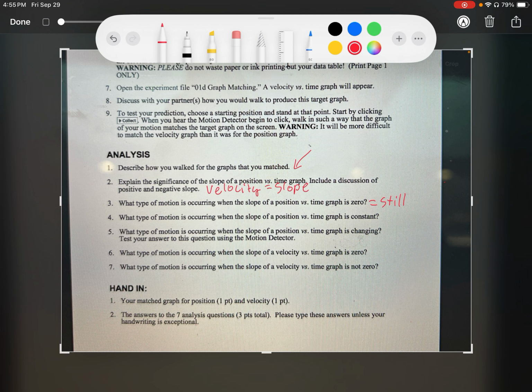What kind of motion is occurring when the slope is constant? That means we have a constant, meaning not changing, velocity. Right? We'll color code this here. That means we have a constant velocity.